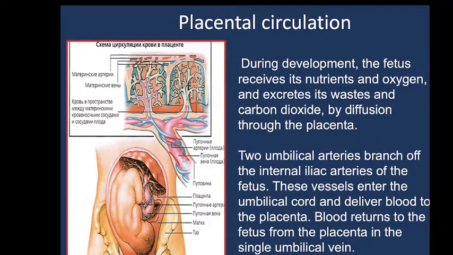Because the vein transports oxygenated blood from the placenta to the fetus, but arteries transport deoxygenated blood, with a lot of carbon dioxide, and that's why we form and draw these arteries as blue vessels.